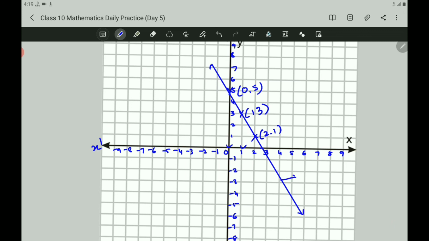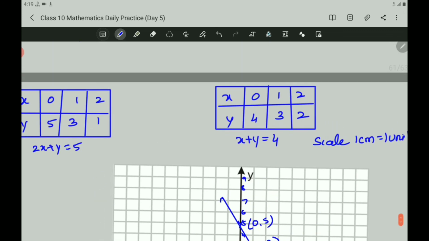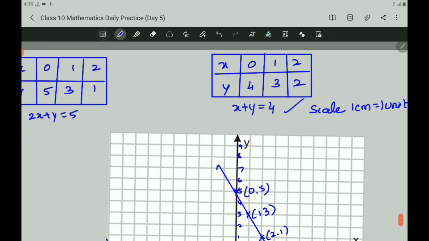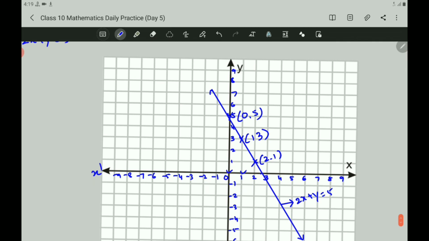So write that this is 2x plus y equals 5. Then you take the next one, x plus y equals 4: 0, 4, 1, 3, 2, 2. 0 is here, 0, 4.